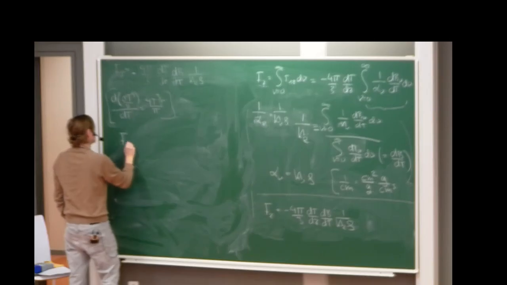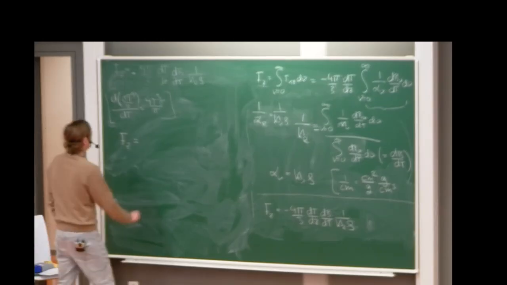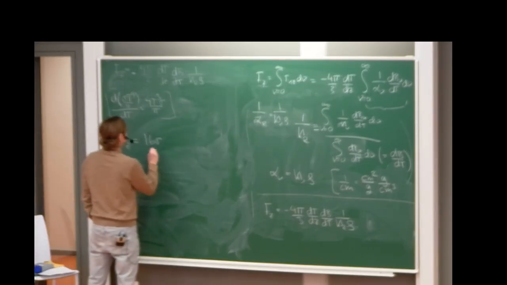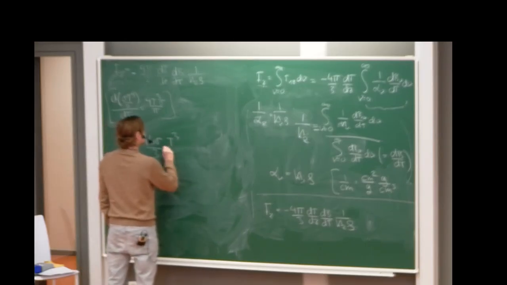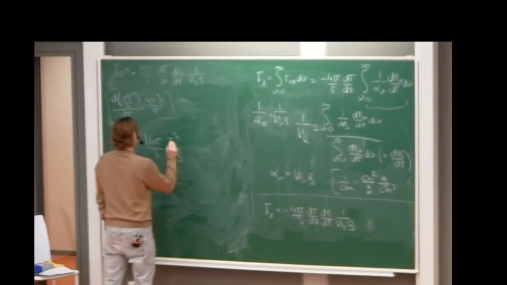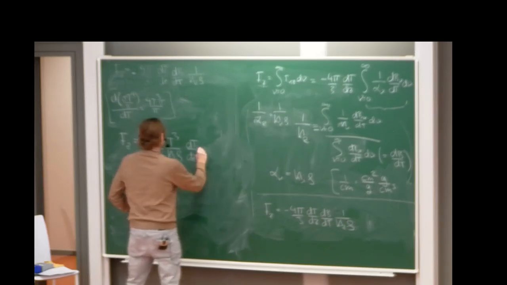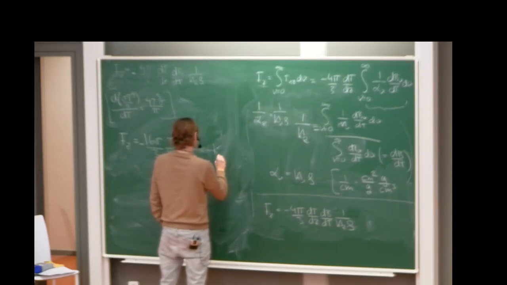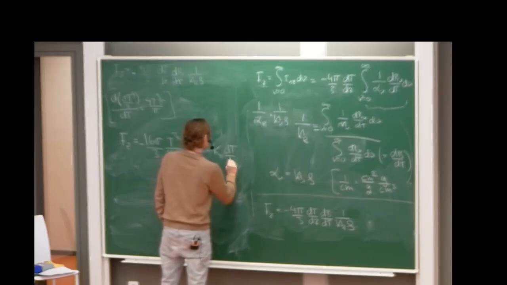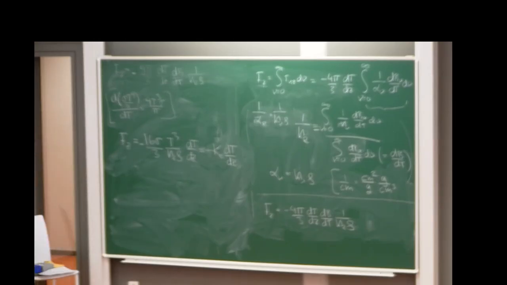So in terms of the temperature gradient, you will get 16 sigma divided by 3 times T cubed, 1 over kappa rho, times dT/dz, which you sometimes will see, with a minus sign, as k_r dT/dz, where k_r is called the radiative conductivity.